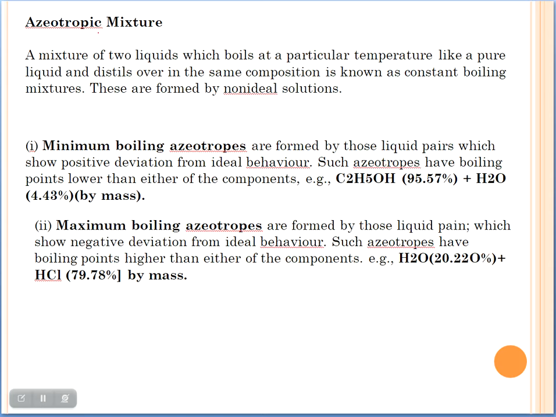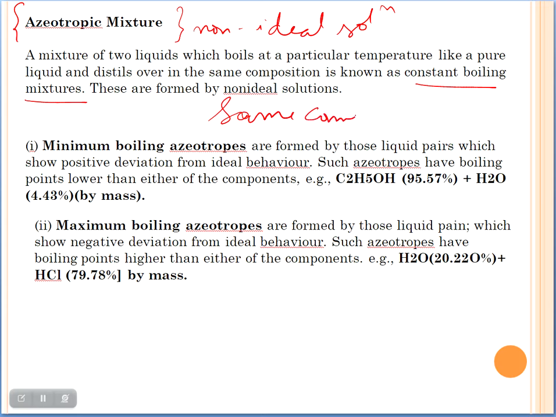Okay, azeotropic mixture, it is a mixture of non-ideal solutions. Azeotropic mixture is also known as constant boiling mixture, which has the same composition in vapor and as well as liquid phase. They are formed by non-ideal solutions.